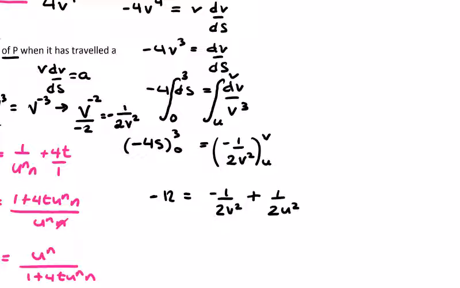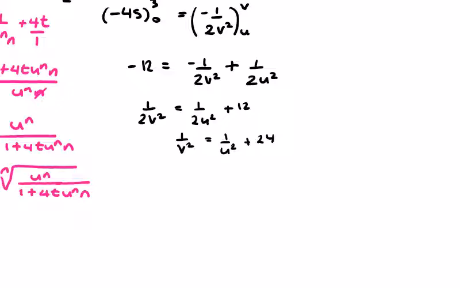We want v on its own, so I'll bring that to the left first. I get 1 over 2v squared is equal to 1 over 2u squared plus 12. Multiplying by 2, I get 1 over v squared is equal to 1 over u squared plus 24. I've got a single fraction on the left, so make the right a single fraction and invert them.